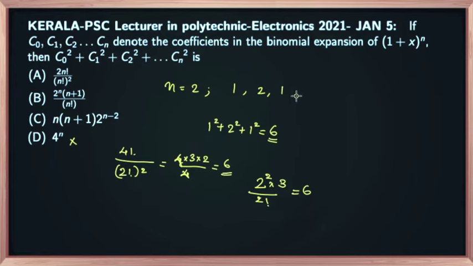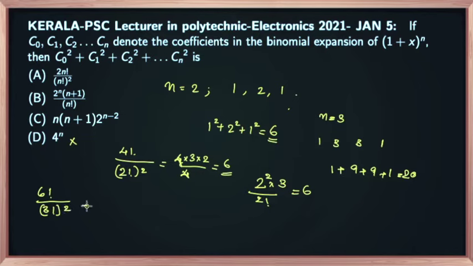Now if you put n equal to 3, we know the coefficients are 1, 3, 3 and 1. So the sum of squares of these coefficients will be 1 plus 9 plus 9 plus 1, which is equal to 20. Now put n equal to 3 in option A: that will be 6 factorial divided by 3 factorial whole square.